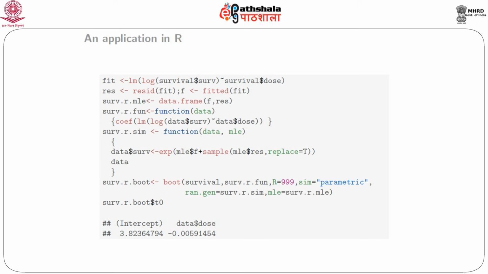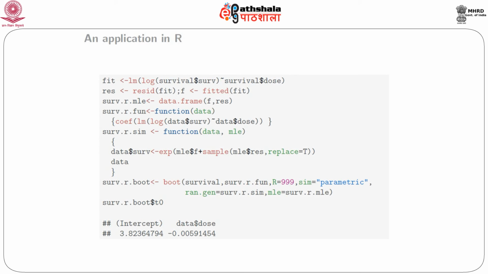Then we compute the residuals and the fitted values and store them in res and f, create a new data frame with f and res, and define the function that needs to be run on the data, which is lm(log(data$surf) ~ data$dose), and we want to extract the coefficients out of it.